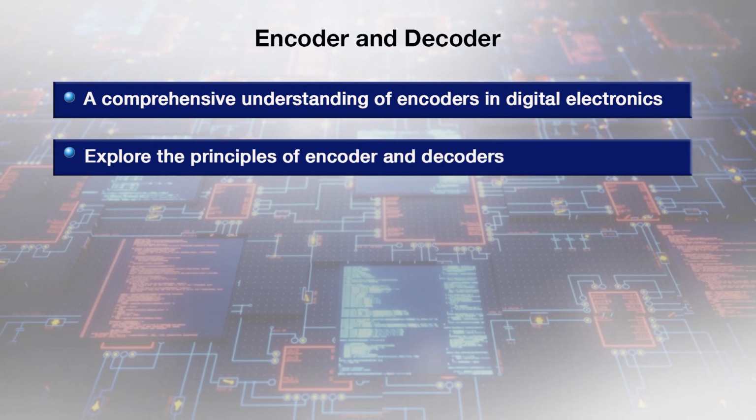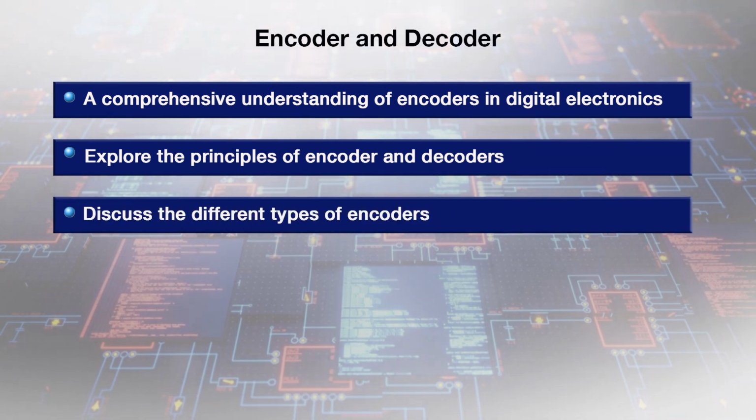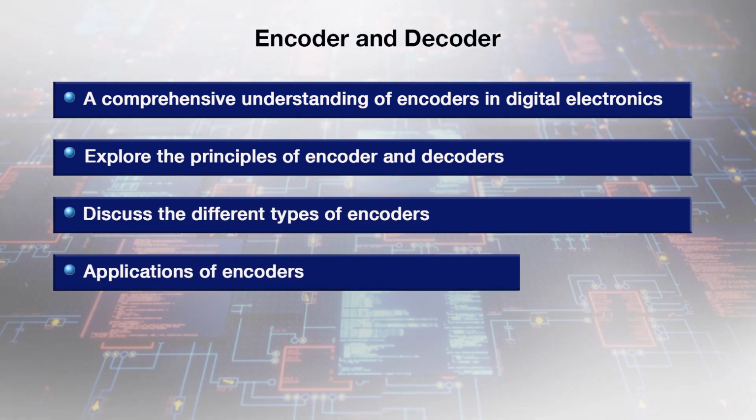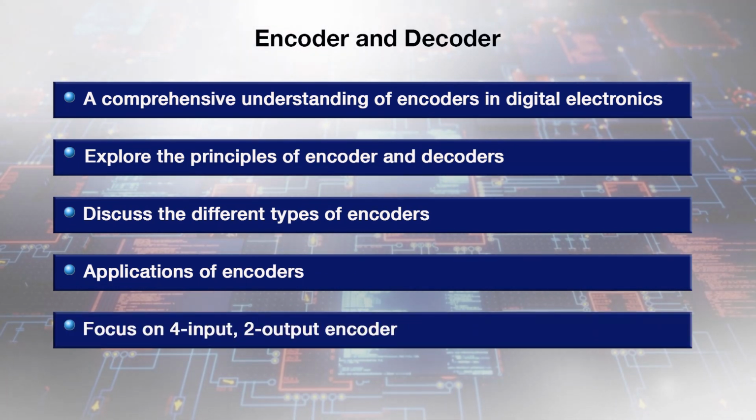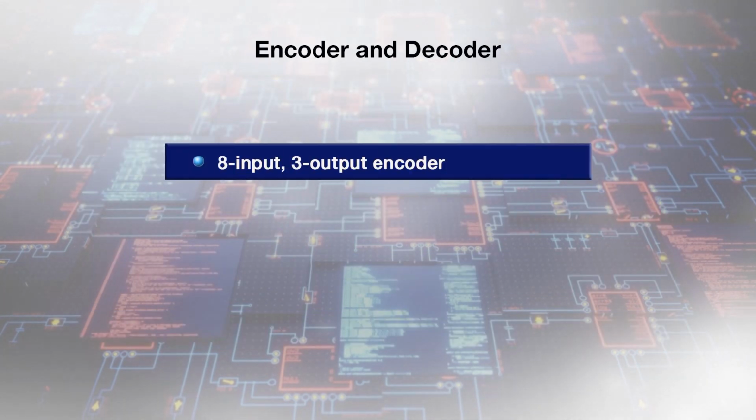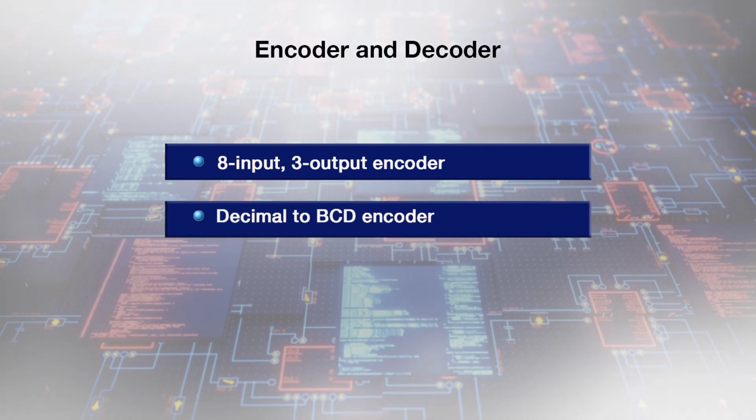We will explore the principles of encoders and decoders, discuss the different types of encoders and applications of encoders with a focus on 4 input and 2 output, then 8 input and 3 output, and decimal to BCD encoders, which have 10 inputs and 4 outputs.